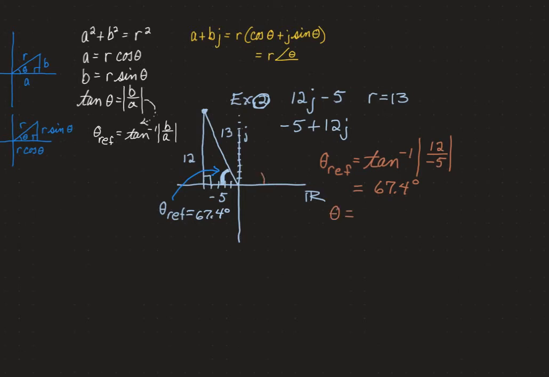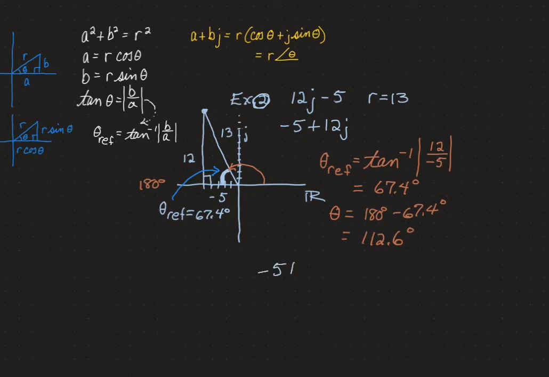Okay, standard angle goes from 0 and never reaches 180 degrees, since we're doing degrees. In fact, it's 67.4 degrees less than 180. So theta actually equals 180 degrees minus 67.4 degrees. And that gives us 112.6 degrees.